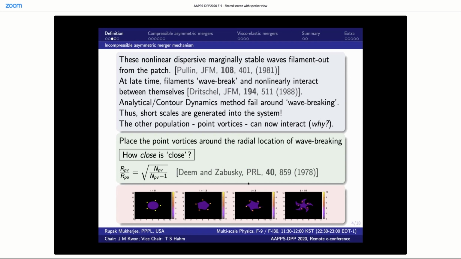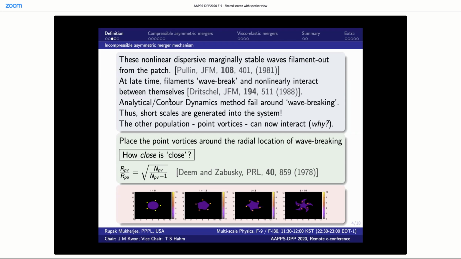And at late times, these filaments wave break. Here you can see the filaments have turned over like this. If you look in the radial direction, you'll see something like a motion in the theta direction, and then the overbreak means they overturn like this. And they nonlinearly interact between themselves.